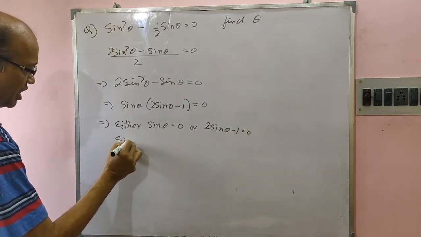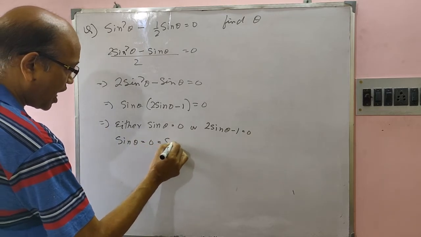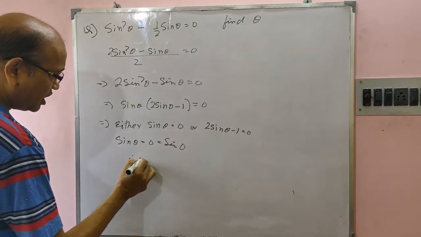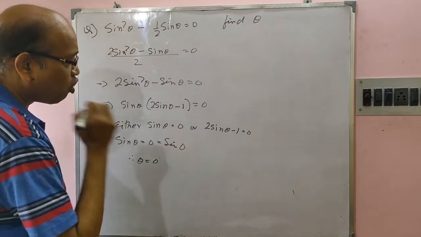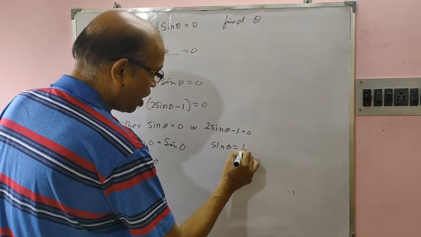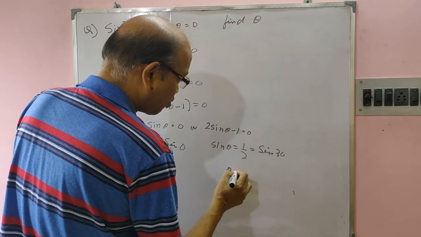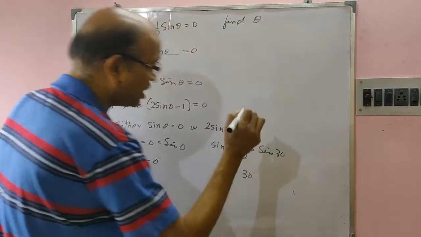If sine theta equals 0, which is equal to sine 0, therefore theta is equal to 0 degrees. Or from here, if I say sine theta is equal to half, which is equal to sine 30 degrees, therefore theta is equal to 30 degrees.